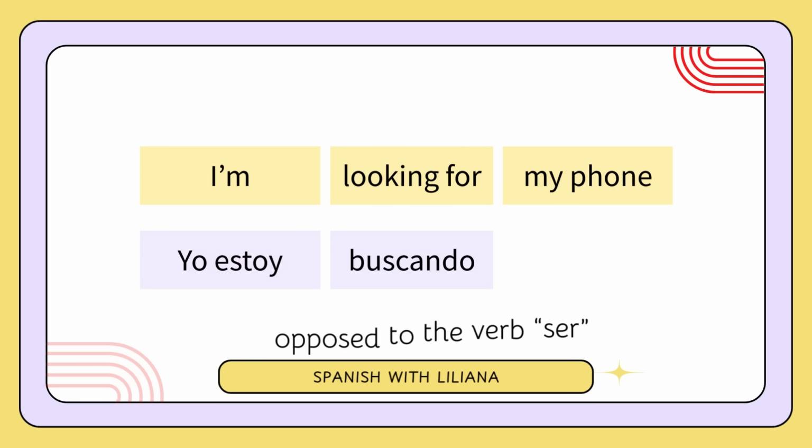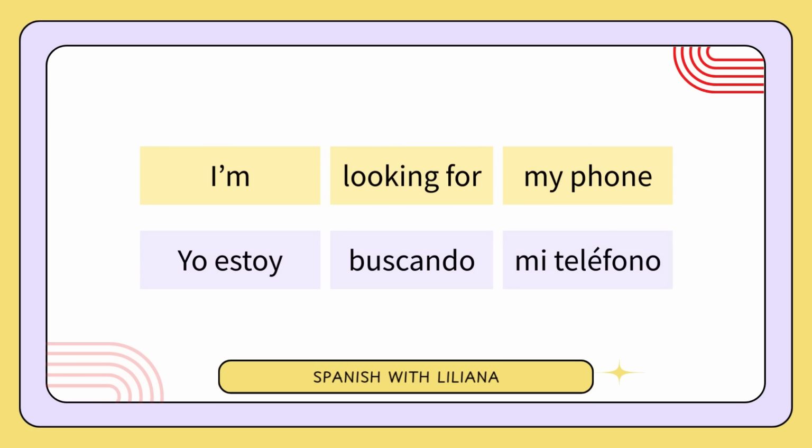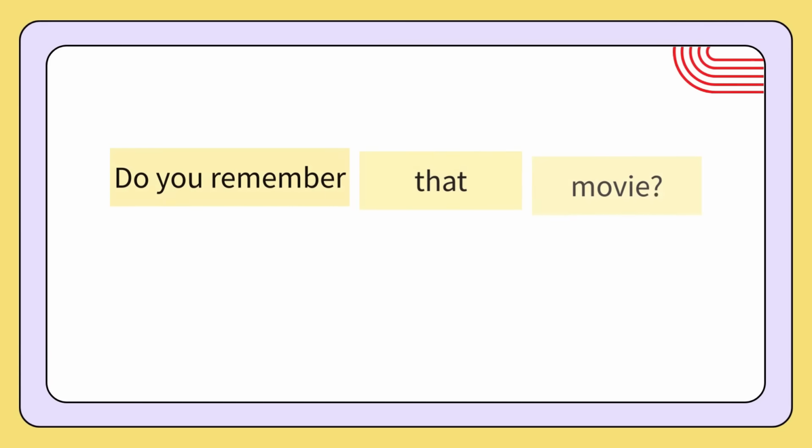Estoy buscando. And we can also drop the pronoun here. In English, we have to use for, the preposition after a verb like looking. In Spanish, we don't need that. So we just jump to my phone. Mi teléfono. Estoy buscando mi teléfono. The verb buscando already indicates that we're looking for something.